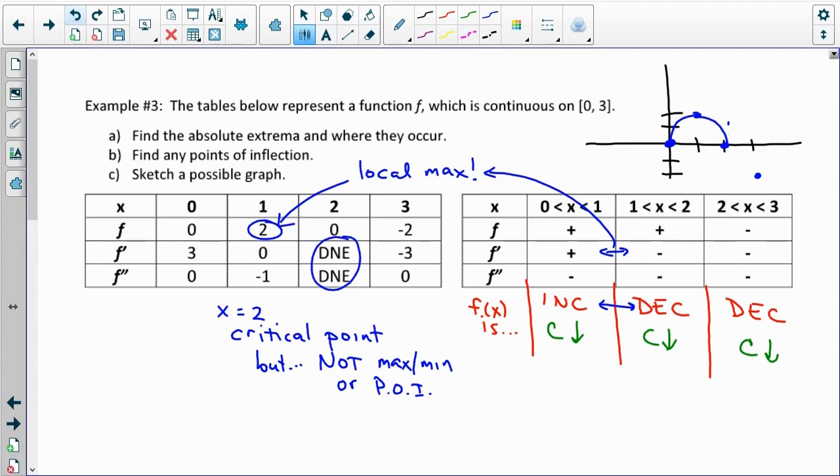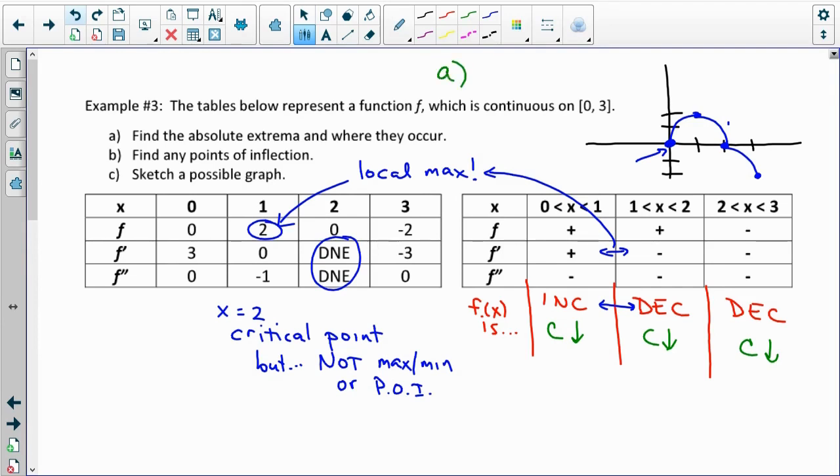So I can kind of live with that. This one probably should have a slightly different slope, but we'll live with it for right now. And then I'm decreasing and concave down again. So my graph is going to look something like that. Okay, so this would be a representative graph of example 3.